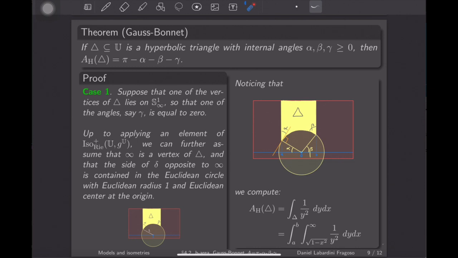And then there's actually an isometry taking one triangle to the other.